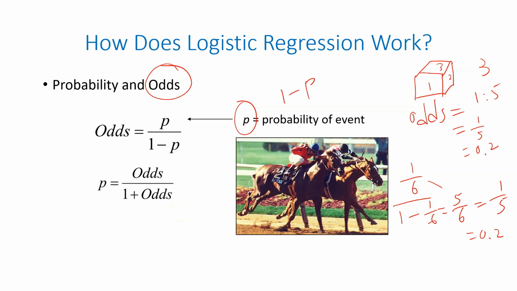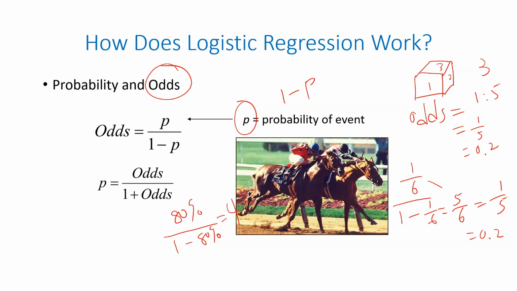Well, let's look at another example. If a horse has an 80% probability of winning the race, then the horse has a 1 minus 80% probability of losing the race. The odds of the horse winning the race would be 80% divided by 20%, or equal to 4, suggesting a relatively high likelihood of winning the race.